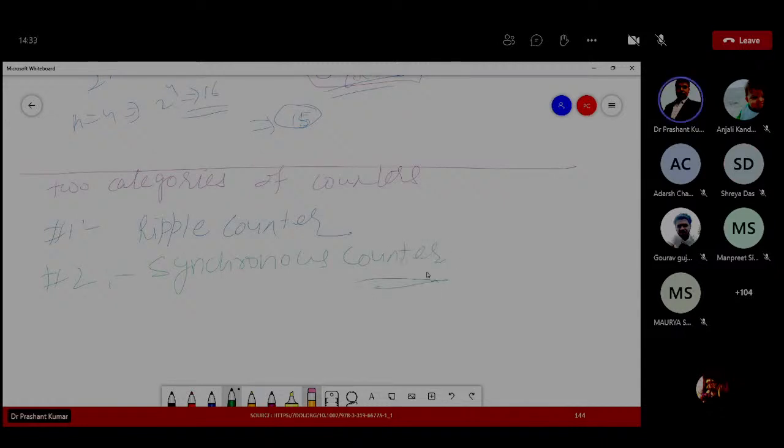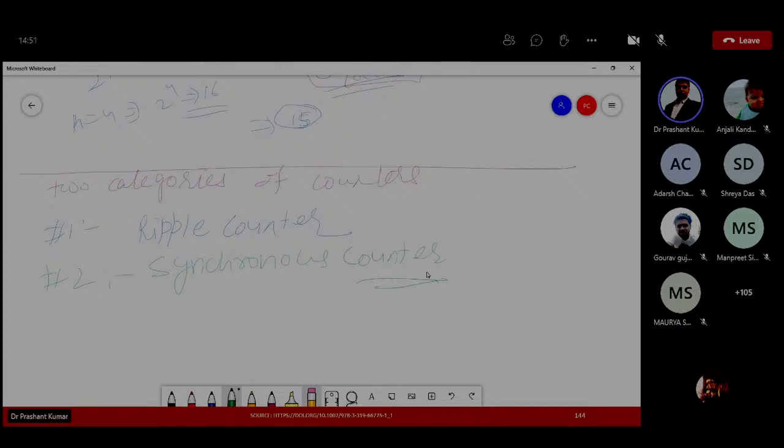Right. So what is the difference between these two counters, a ripple counter and a synchronous counter? Any doubt, any issue?